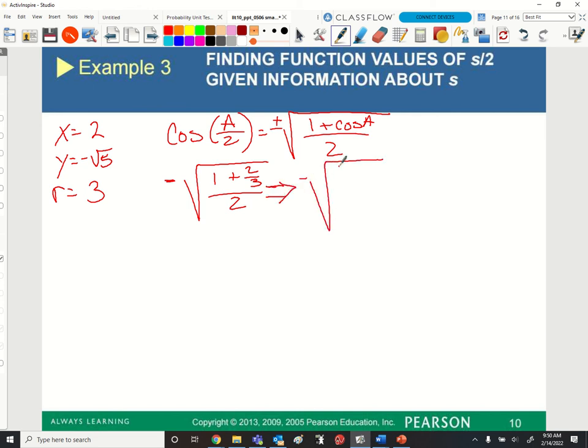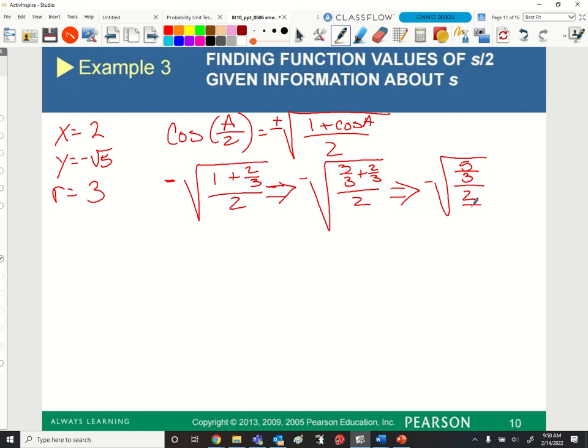It is 3 over 3 plus 2 over 3, divided by 2. Keep going with that. Combine like terms on top, so it gives me negative radical 5 over 3 divided by 2.